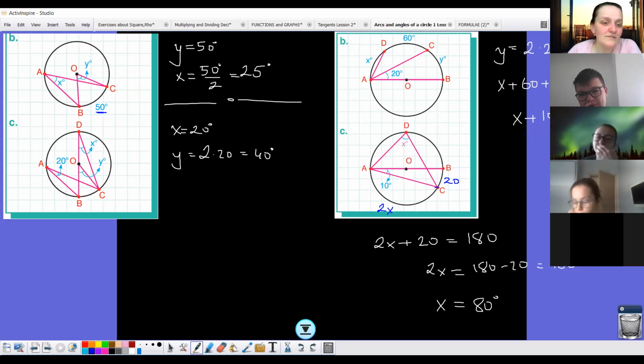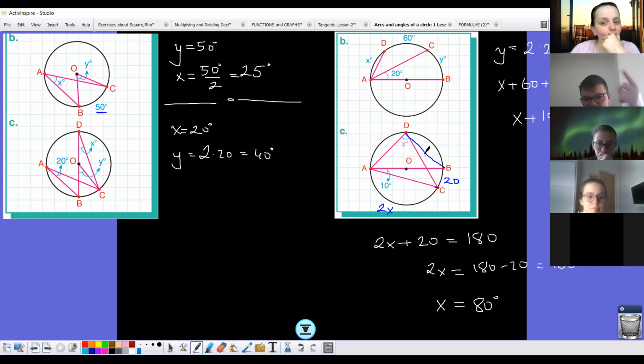Teacher, there is another way to solve this question. Maybe I can ask one question. Yes, Salman, how will you solve? Teacher, we can draw a line from D to B. Okay. And now, teacher, the D angle is the same as the A angle, because it is 20, 20.